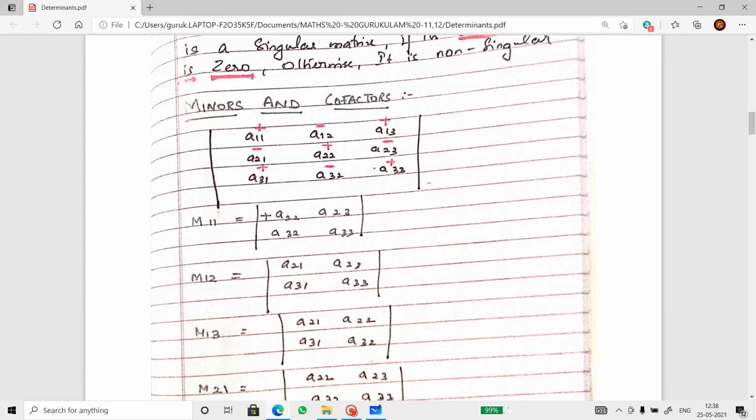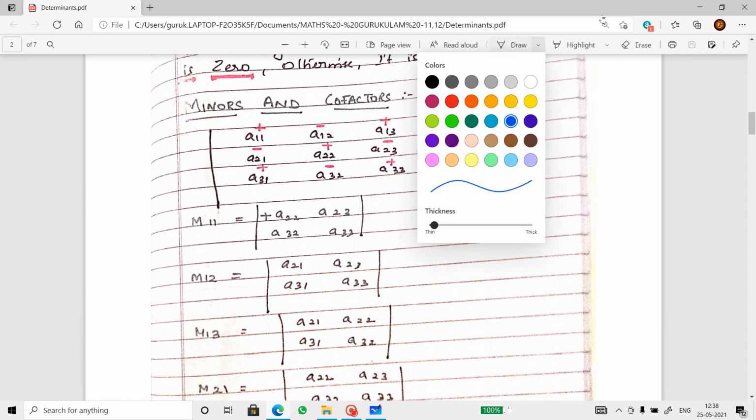Okay. Now, listen. A minor is denoted by the letter M. So, M11 is the minor of A11, M12 is the minor of A12, and so on. So how do we find M11? Same thing. Delete the row and the column in which this A11 is present.